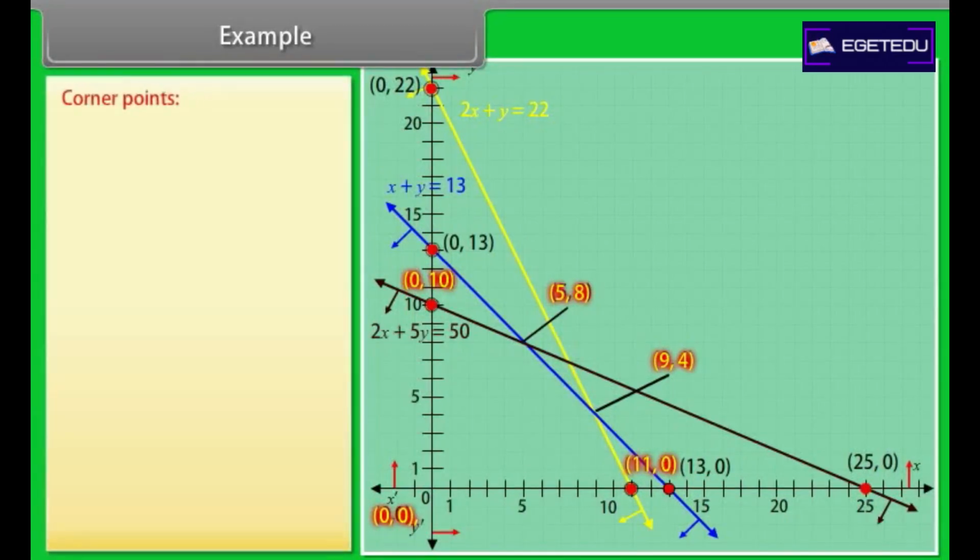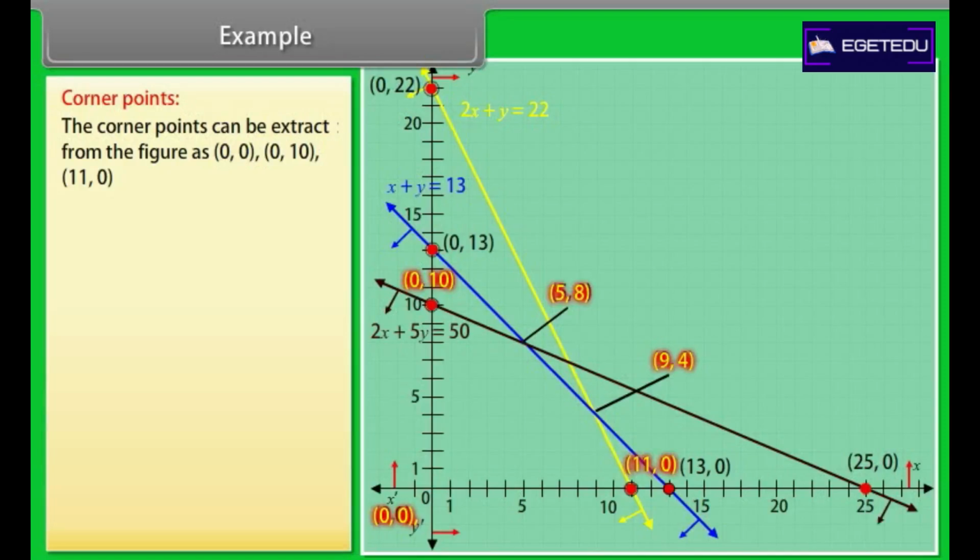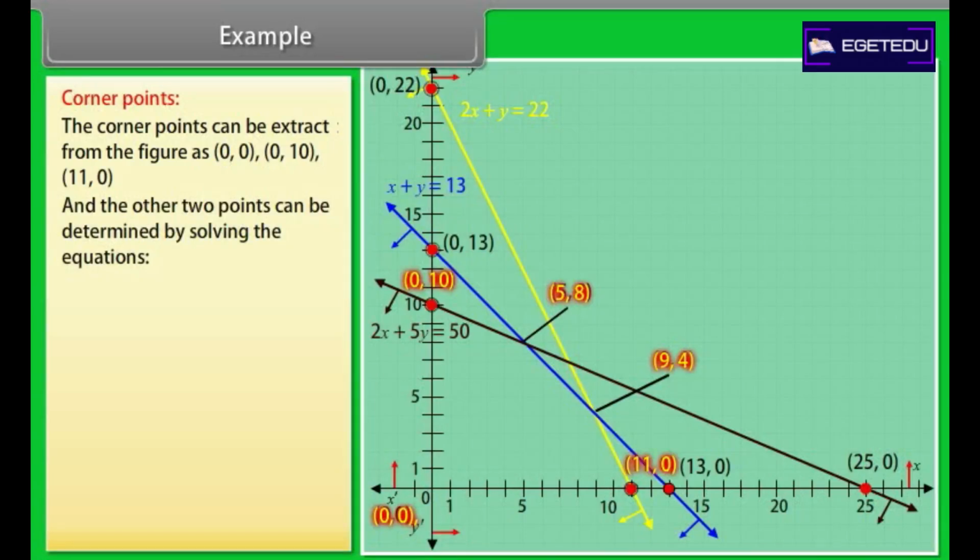Let's find the corner points. The corner points can be extracted from the figure as 0, 0, 0, 10, 11, 0, and the other 2 points can be determined by solving the equations. 2x plus 5y is equal to 50, x plus y is equal to 13.